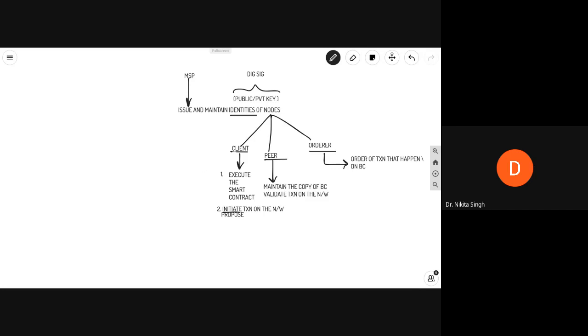So we have three roles here: client, peer, and orderer. Peers maintain the copy of the blockchain and validate the transactions, that is, they maintain the state of the network and a copy of the ledger. Copy of the blockchain means the copy of the ledger that we are using.